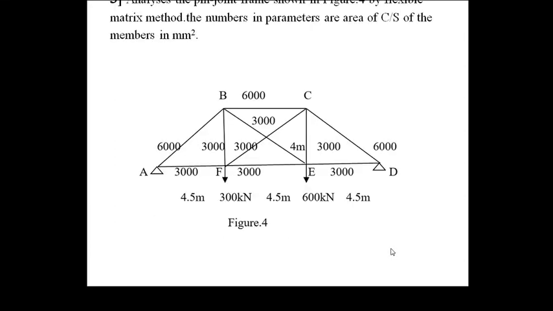Then analyze the pin-jointed frame shown in figure 4 by the flexibility matrix method. The numbers in parentheses are the areas of cross sections of the members in mm square. These are the various parameters considered in this figure 4.